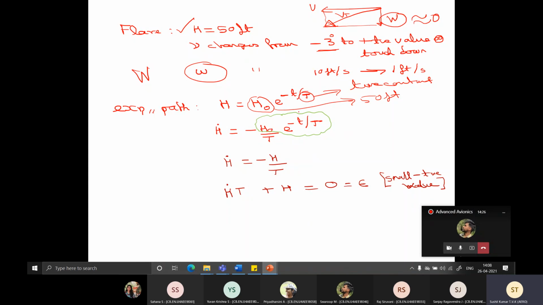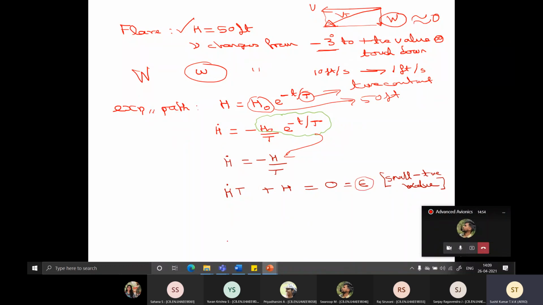Now this whole green colored part is nothing but the first equation, which describes height. So you can replace this by h. So you have h dot equal to minus h by T. Multiplying this side, you have h dot T plus h equal to 0. Instead of giving it as 0, you give it as a small negative value.